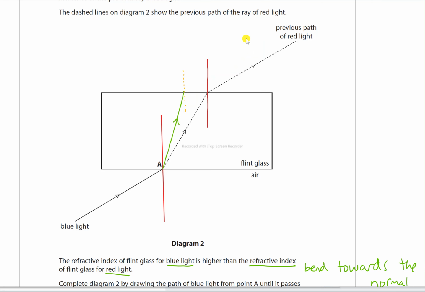Right, and then it's going to draw a parallel line. There you go. So this angle of refraction is going to be smaller, and these two here are parallel.